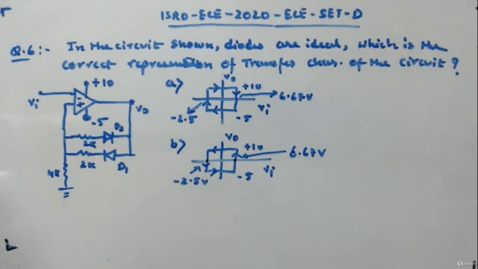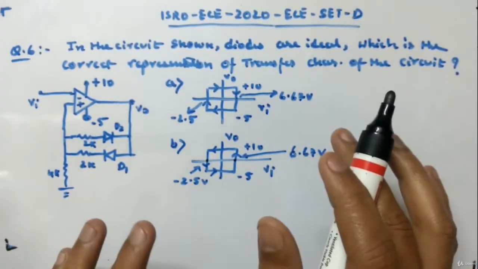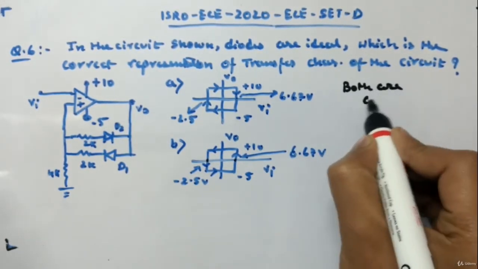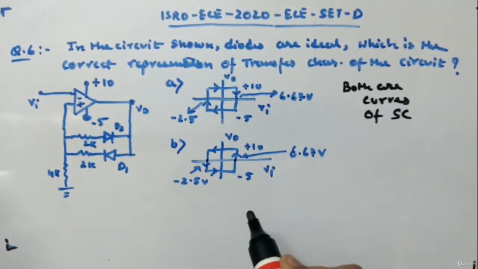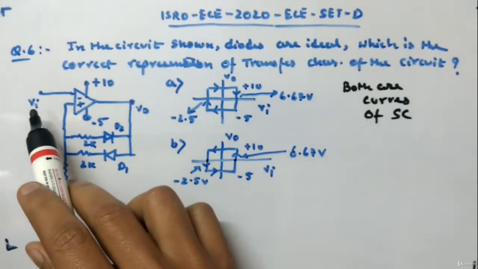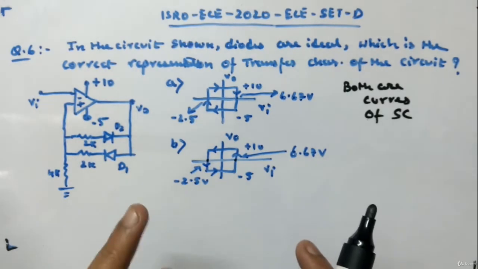Now for the solution I will tell you, they both are true. They both are curves of a Schmitt trigger. The only difference is where you are applying the input. Now Schmitt trigger comes with 2 circuits, inverting and non-inverting.